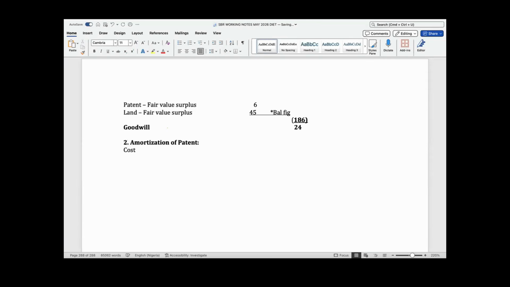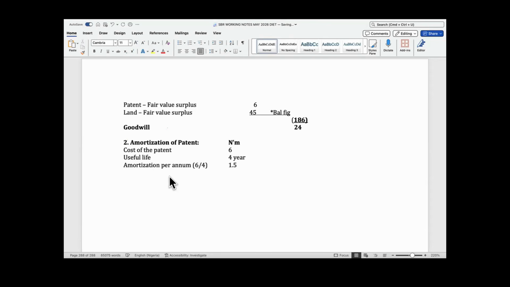The cost of the patent is 6 million. The useful life I was given as 4 years. So amortization per annum is simply 6 million divided by 4. And what does that give us? 1.5.